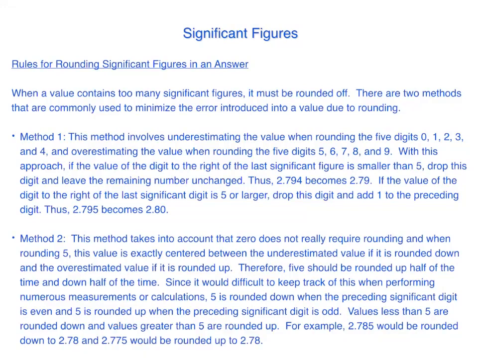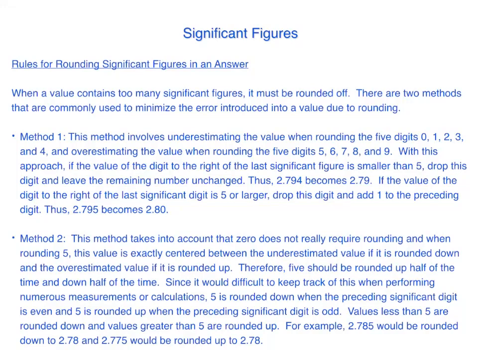Since it would be difficult to keep track of this when performing numerous measurements or calculations, 5 is rounded down when the preceding significant digit is even, and 5 is rounded up when the preceding significant digit is odd. So values less than 5 are rounded down, and values greater than 5 are rounded up.